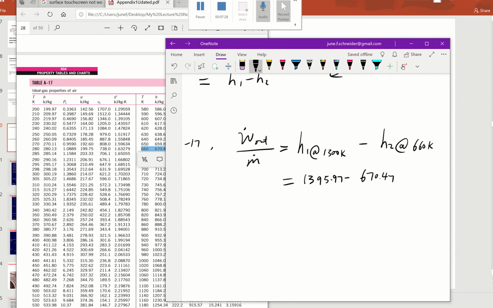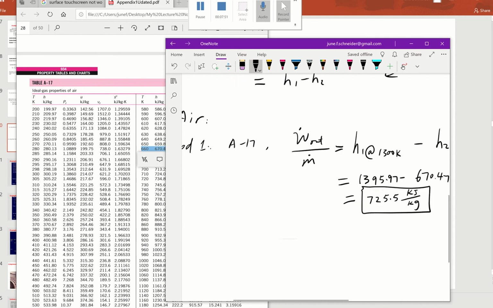So when we calculate that, we will get 725.5 kilojoule per kilogram. So that's our first answer using table A17, using tabulated data, which is the temperature dependent data.